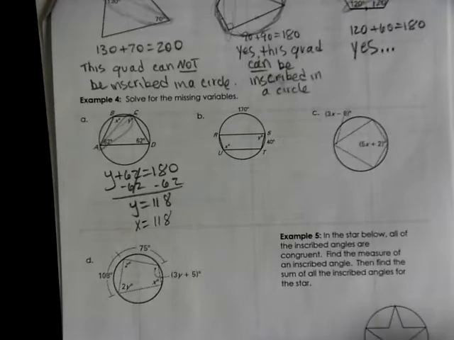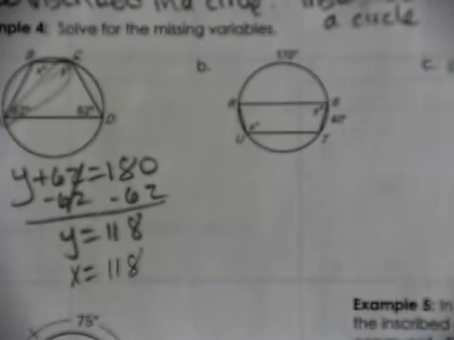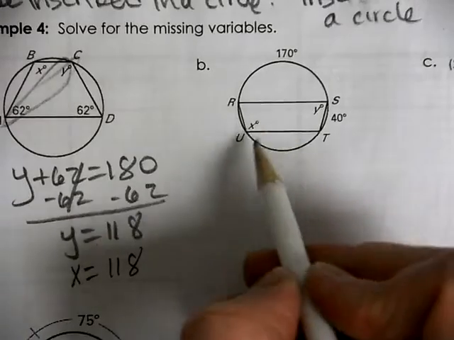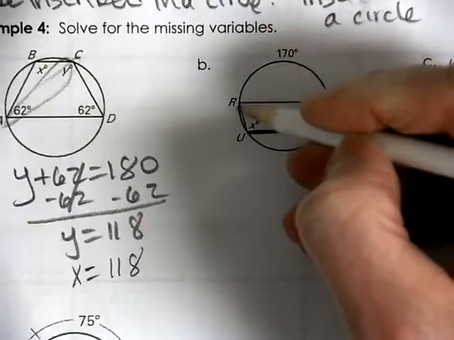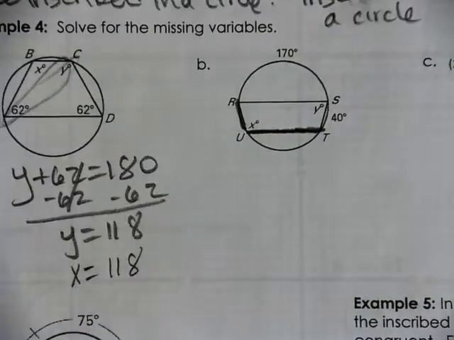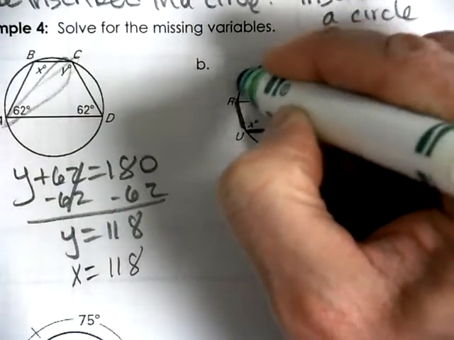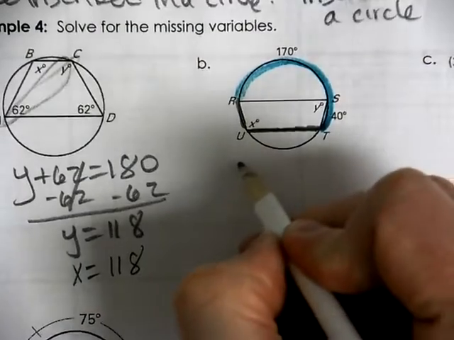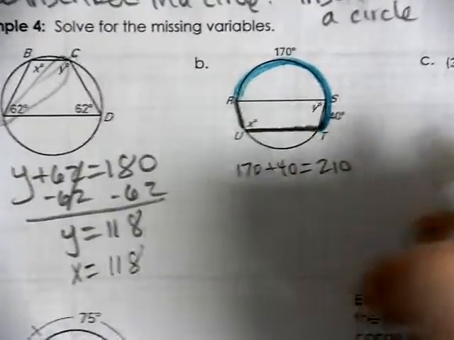Now here's a tricky one. This one takes you using a little bit of our past experiences with what we're doing now. Notice how this angle x comes around that angle, intercepts this big arc. So we have 170 plus 40, which makes 210.